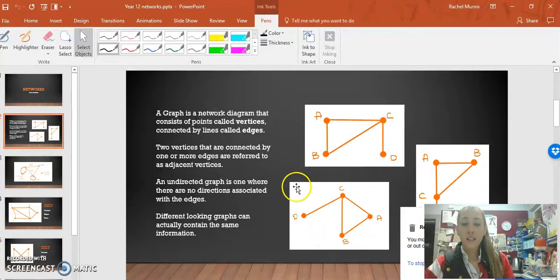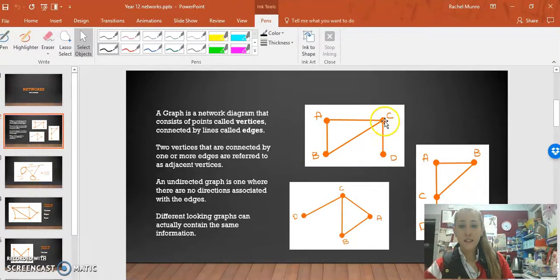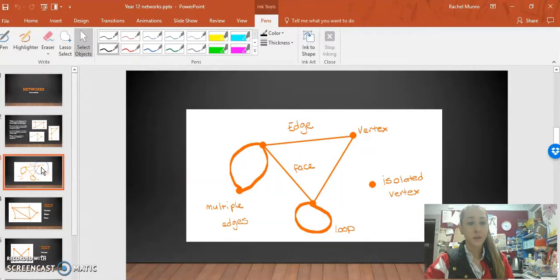They've got the same four vertices and the same edges: D to C, D to C and D to C, AC, AC, AB, AB and BC or CB. So they're actually all the same, they just look different. So taking note of what edges and vertices there are is really important.